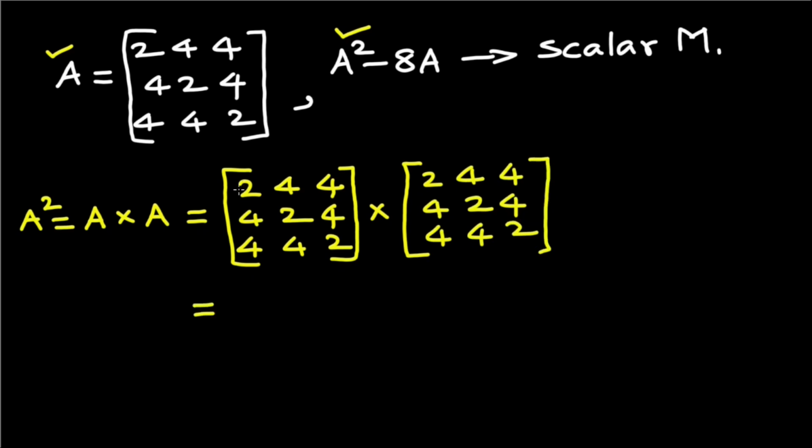So we will multiply the first row of the pre-matrix by the first column of the post matrix.